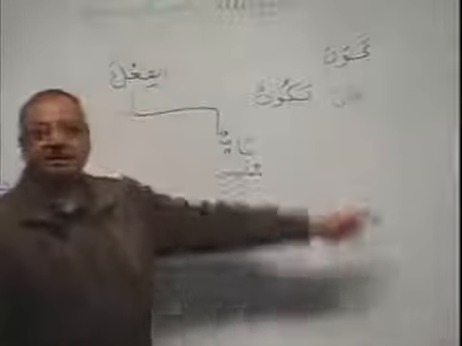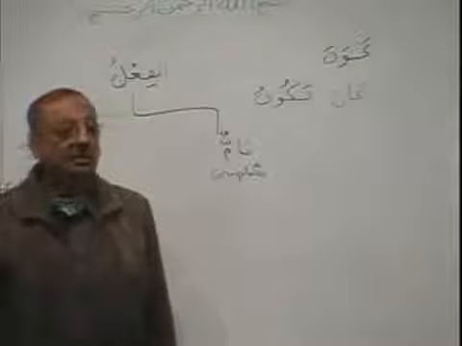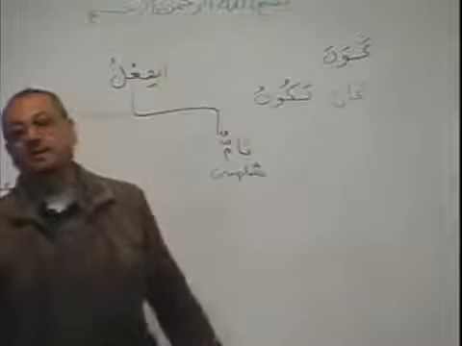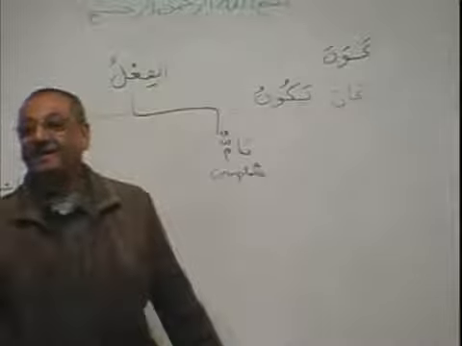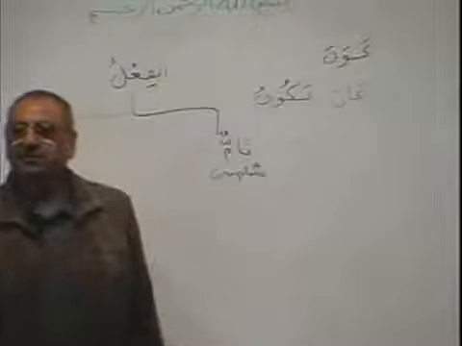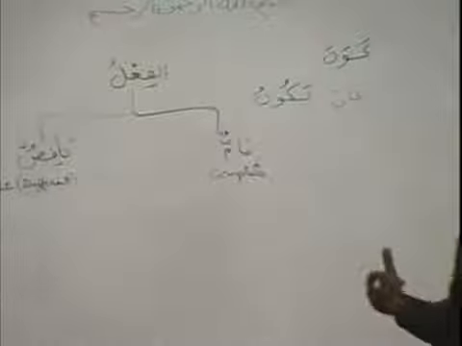Ready, brother and sister? Kana, kana, kanu, kanat, kanata. But then it changes. We will wait till we get there. If we come across another verb, I will tell you. Mudari' is easy, but again it's tricky.